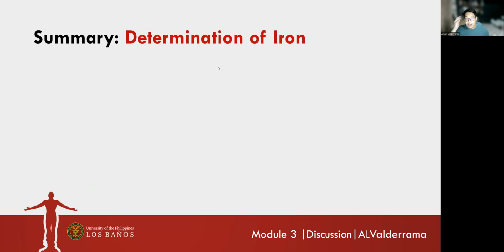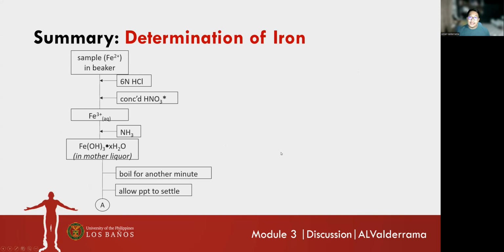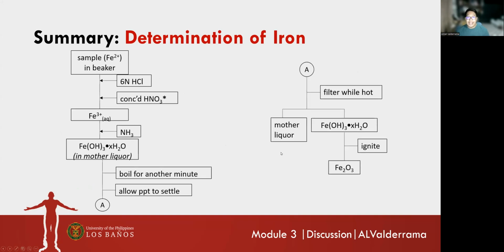So for the summary of our module 3, what we did is we determined the amount of iron via gravimetric method. And first, there are 8 steps for us to determine the iron content. What we did first is to weigh the sample. Weighing of sample.